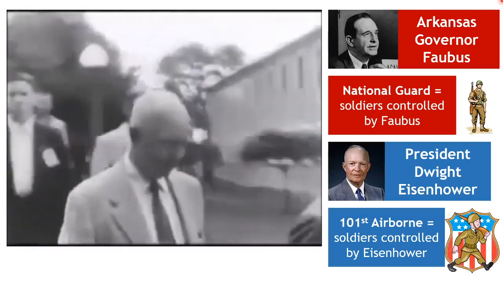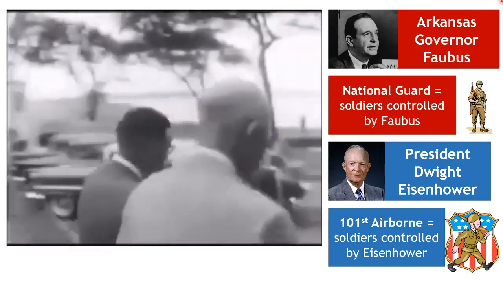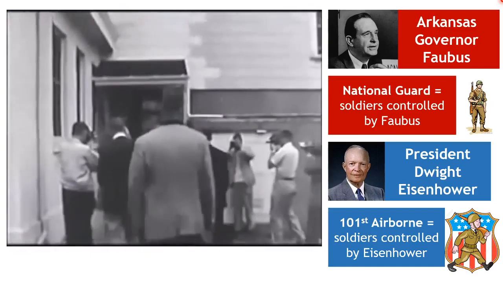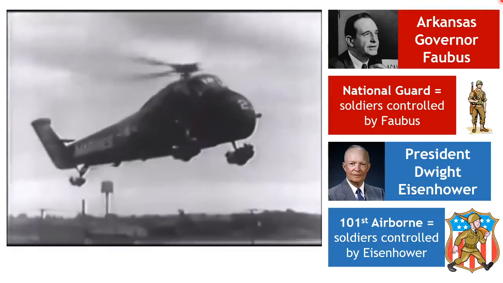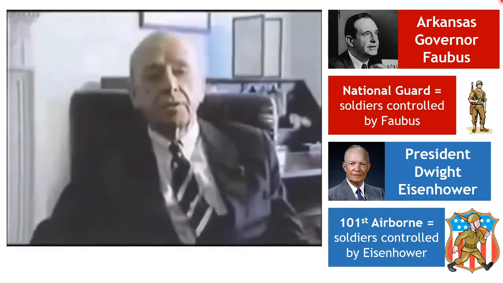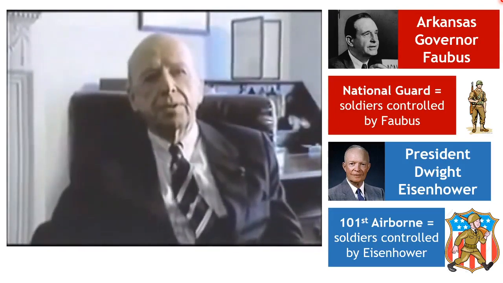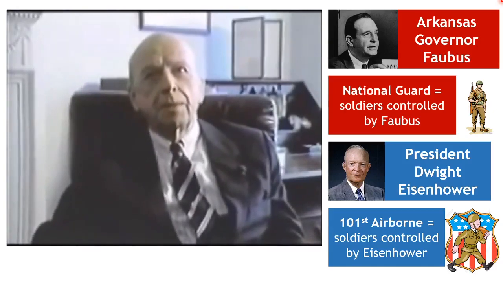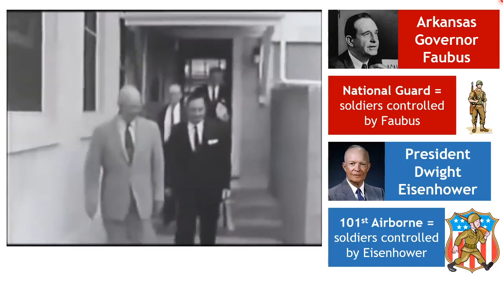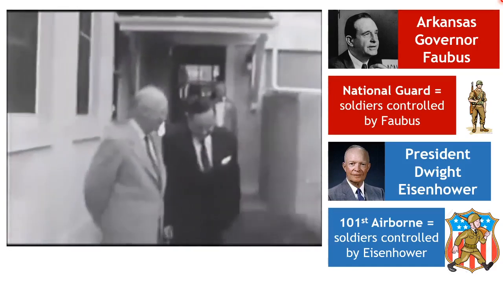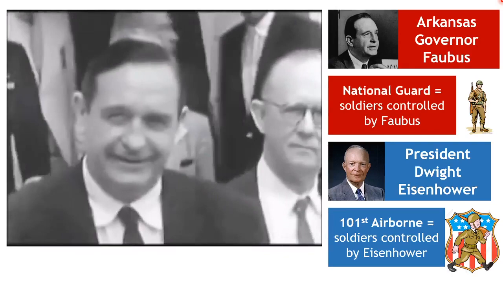In mid-September, the president and the governor had a meeting at Eisenhower's vacation home in Newport, Rhode Island. The president thought that he had persuaded Governor Faubus to go back and allow the black children to enter the high school peaceably. It was quite a surprise to him. He felt let down when Governor Faubus decided against allowing the black children to enter the high school.